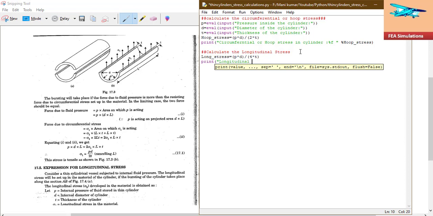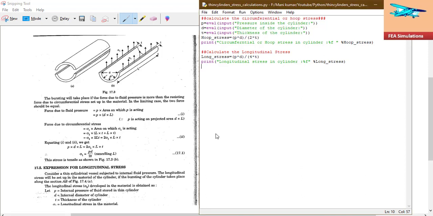Longitudinal stress in cylinder. Longitudinal stress. We will run this.